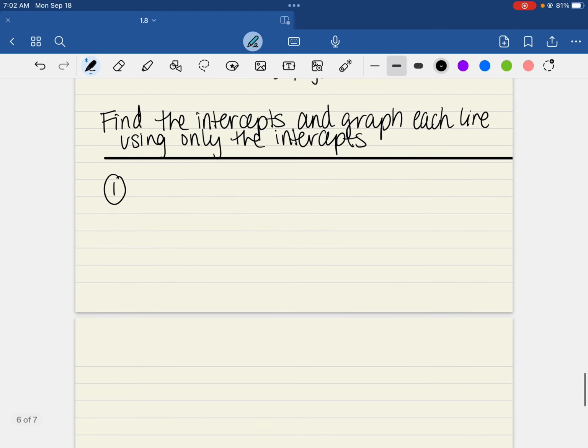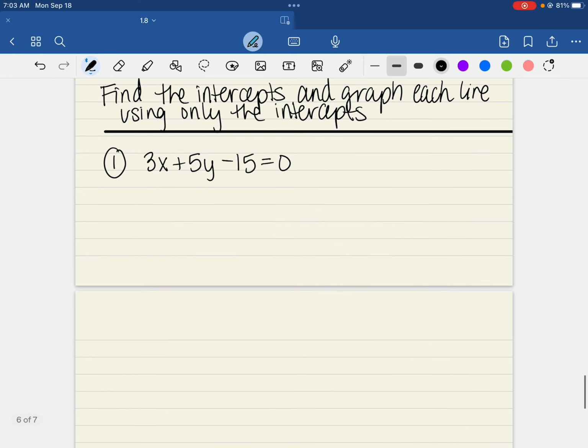So for question 1, we have 3x plus 5y minus 15 equals 0. So the first thing we're going to find is our x-intercept, which, a reminder, means y will always equal 0.